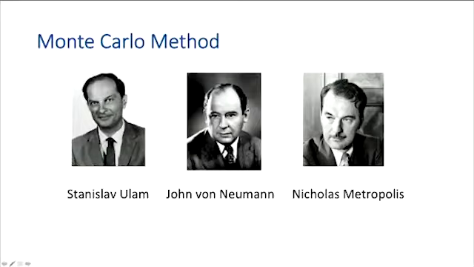So after the war, these people continued to do this work, this Monte Carlo method, and John von Neumann returned to the Institute for Advanced Study at Princeton. John von Neumann is one of the top 1, 2, 3 mathematicians of the 20th century, and he also stood at the forefront of the cradle of digital computing.